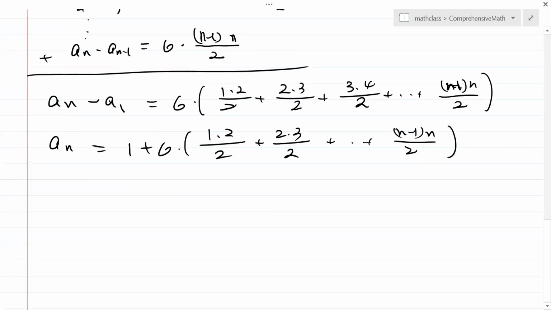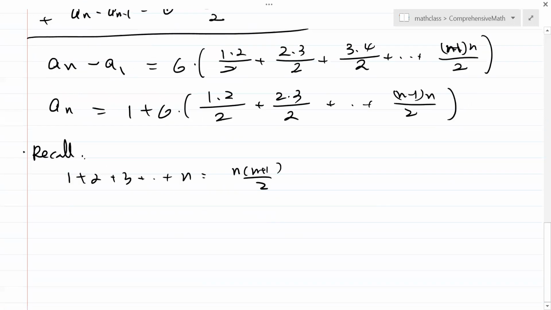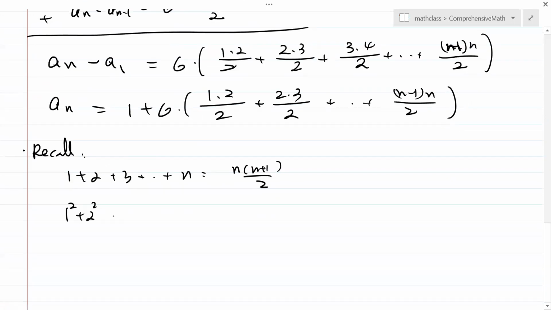All right, so I'm going to recall a couple formulas. 1 plus 2 plus 3 all the way to n is going to be n times n plus 1 divided by 2. Everybody knows that. But how about 1 square plus 2 square plus 3 square? It's going to be n times n plus 1 times 2n plus 1 divided by 6, which is discovered by mathematicians.